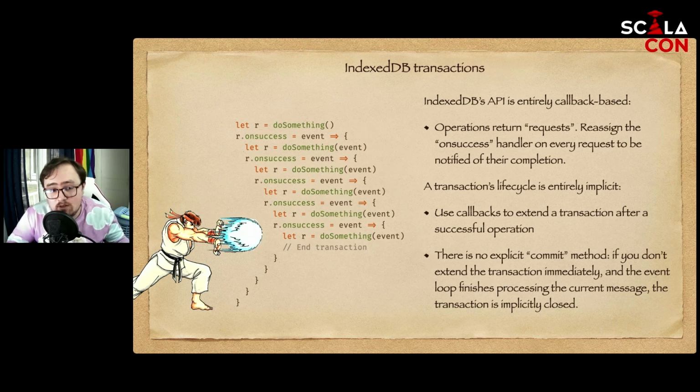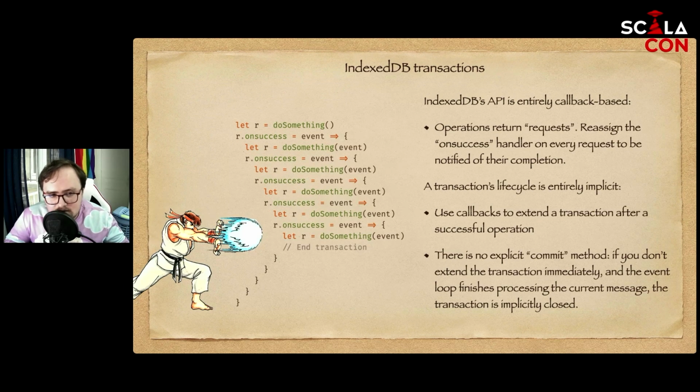The idea is that every operation in IndexedDB returns a request, which is an object that has callbacks that you need to reassign on every request, and this is how you get notified that your operation has succeeded. So if you want to put a value in an object store, you call the .put method. It will give you back an object, and then you override the onSuccess handler on that object. And when the callback that you provided is called, then it means that your operation has finished.